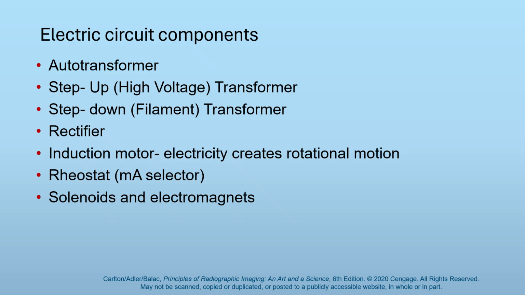Then we'll take a look at the rectifier. The rectifier that you'll need to know would be the 4 diode diamond rectifier, which produces full wave rectification. And I think those are mentioned here because this is the default slide from chapter 4, but I've already talked about the induction motor, the rheostat, and solenoids and electromagnets in previous lectures.